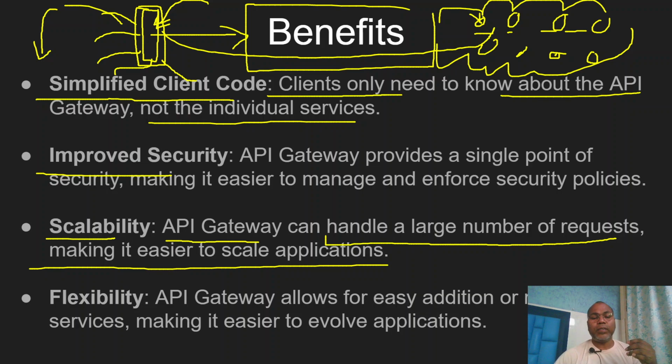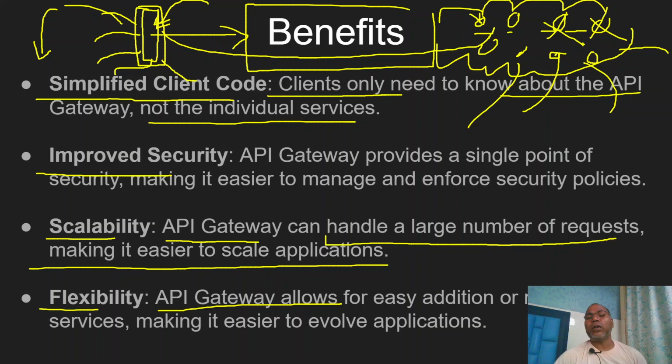This allows us lots of flexibility, because with the API gateway we can easily add more services and more instances. And maybe when there is not so much traffic coming, we can just remove some unnecessary servers or microservice instances that are currently not required.